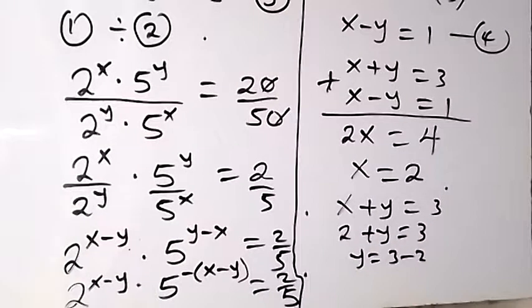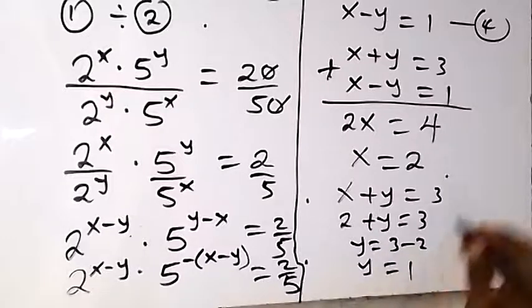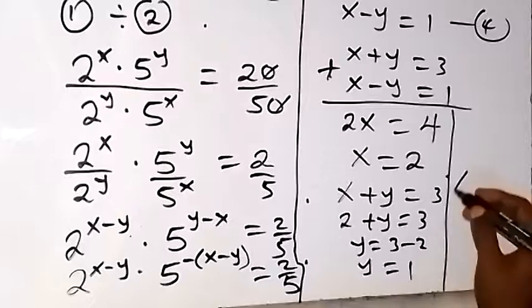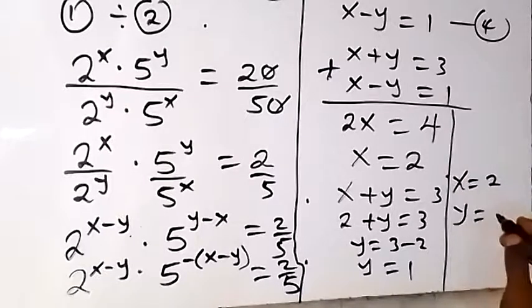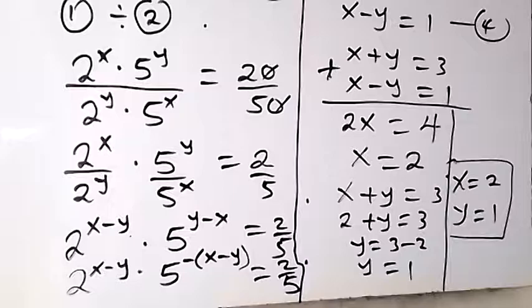So which gives us y equals to 1. So y is equals to 1. And we can conclude and say the value of x is equals to 2 and y is equals to 1. Also, we can check from what is given whether this satisfies the equation given.